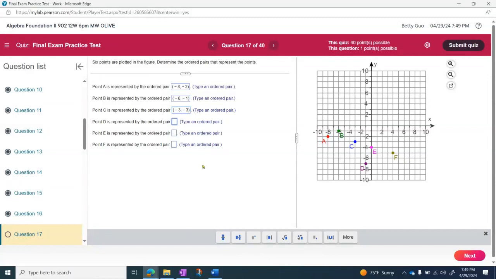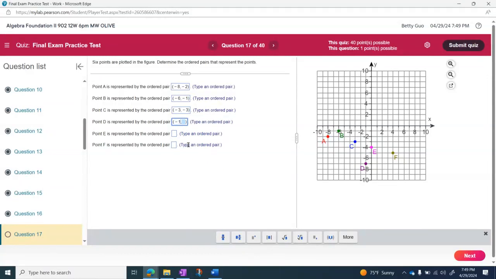And next, D. D is -1, comma -7. 2, 4, 6, 7. -1, comma -7.